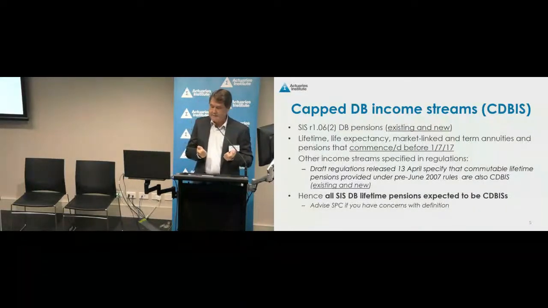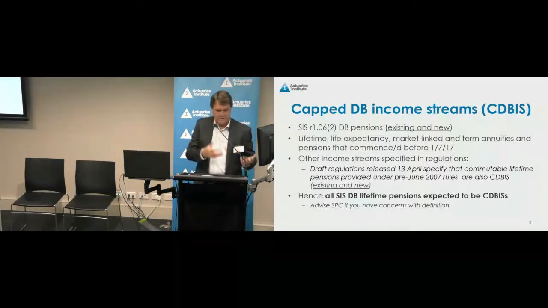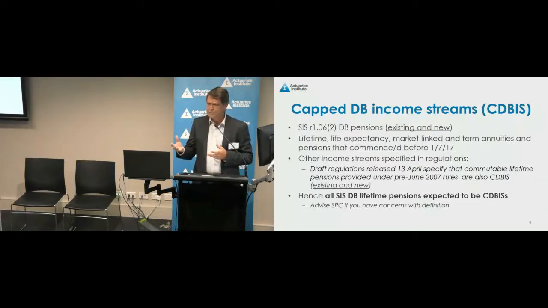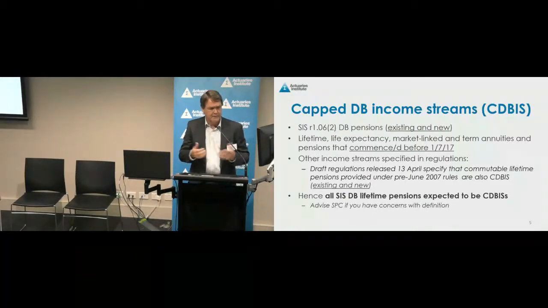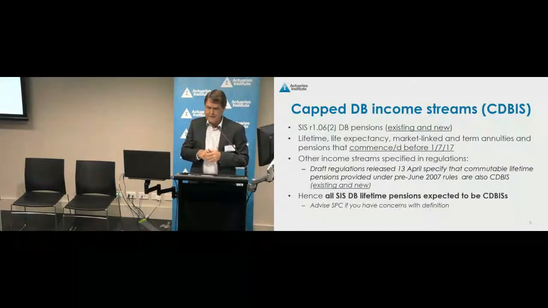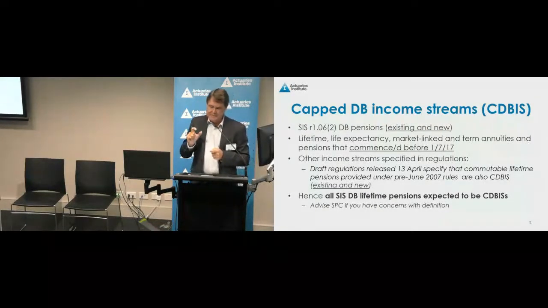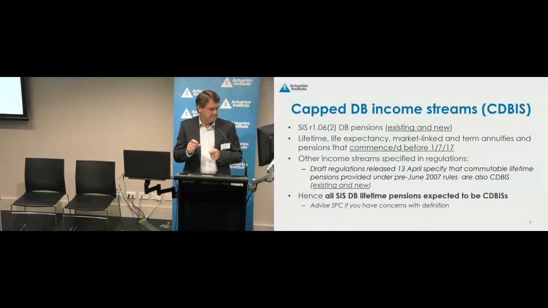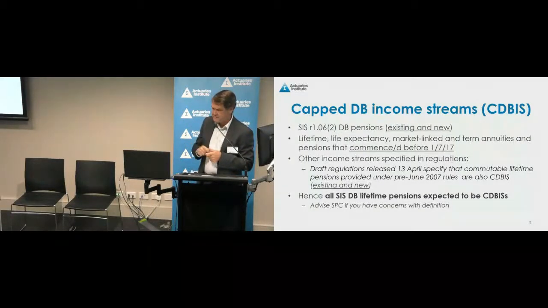And that applies to any pension under that regulation, whether it was already in existence or whether it commences in the future, as long as it's under rules that were in place in 2007 when a lot of the changes to this legislation were made around better super or stronger super. There are some other types of pensions or annuities that could qualify as capped DB income streams, but that's only those types of pensions and annuities that were in existence on 30 June this year, and they're referring to things like market-linked pensions or life expectancy pensions.